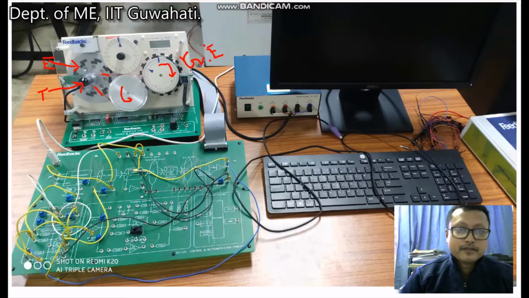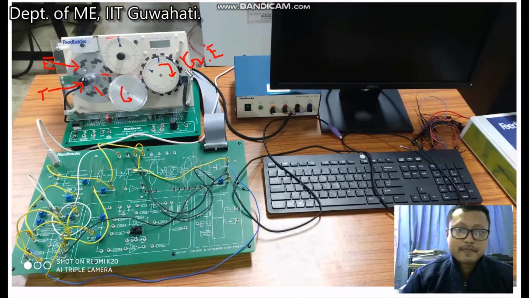This incremental encoder is for measuring the position, but the precision is not accurate. The angular position you can measure by this incremental encoder is at best about 10 or 20 degrees. By this gray encoder you can measure precisely, say 0.5 or 0.8 degree of angular displacement.